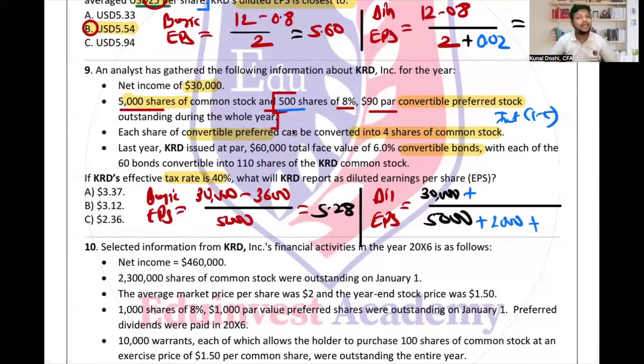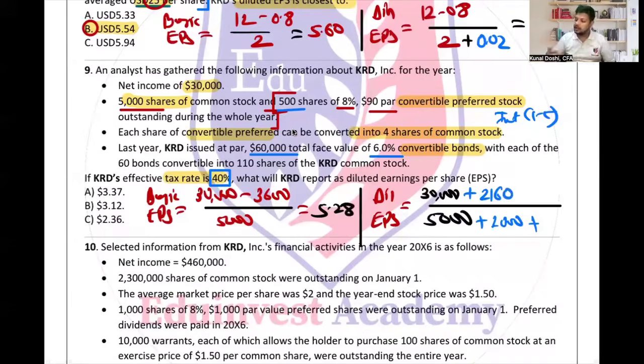But remember, interest is always 1 minus T. So what is the interest here? 60,000 is the face value of convertible at 6%. So 60,000 into 6%, that is 3,600. Tax is 40%, so 1 minus T is 60%. So 3,600 into 0.6. Are you getting 2,160?